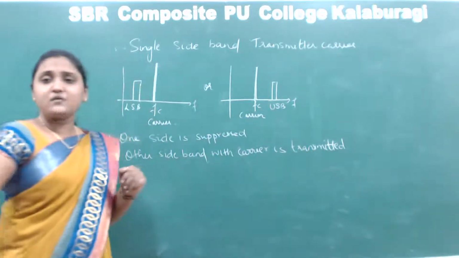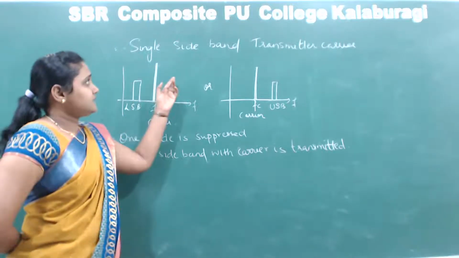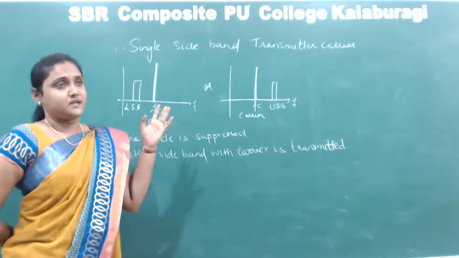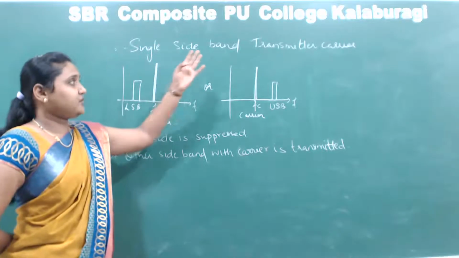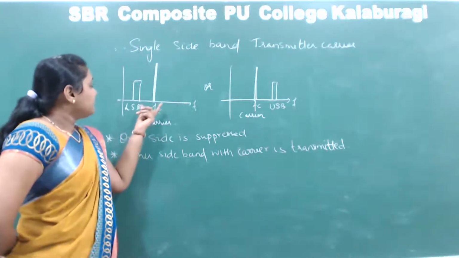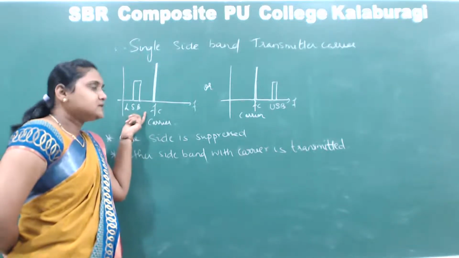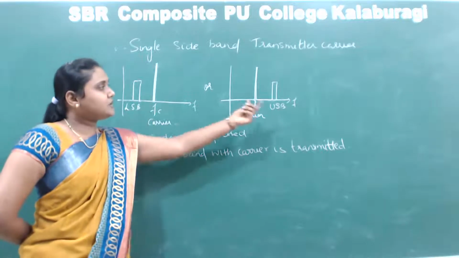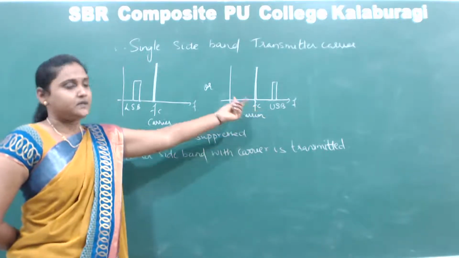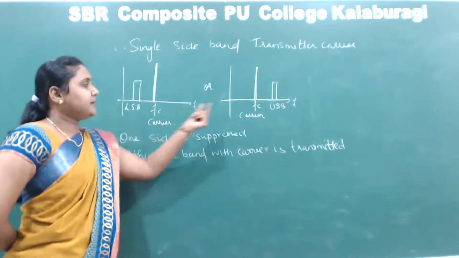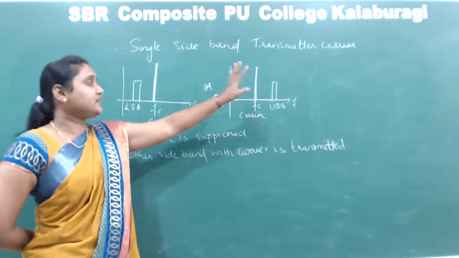Okay, so in this form of the sideband transmission of the AM wave, that is single sideband transmitted carrier, as you can see, either the lower sideband or the upper sideband along with the carrier is transmitted.